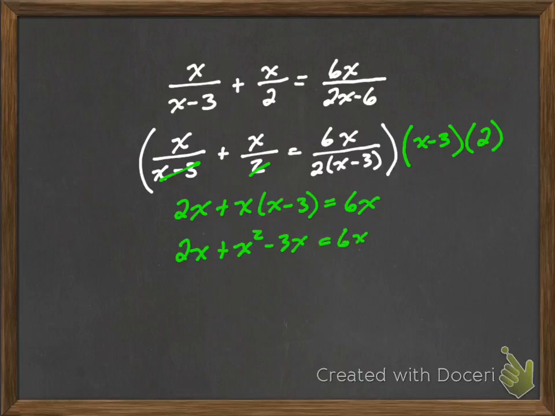This is quadratic, which means we are going to need to solve by setting this thing equal to 0. And if we set this equal to 0, we'll subtract 6x, giving us x squared minus 7x. And then factoring out an x.